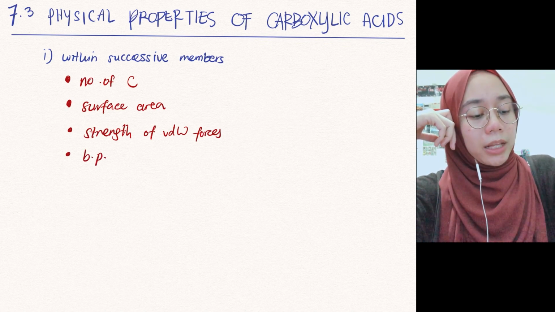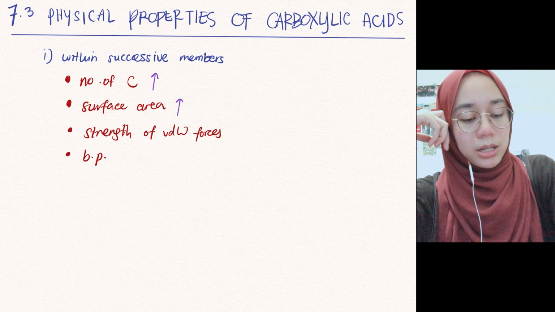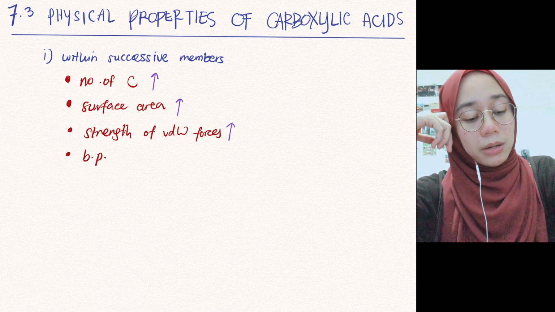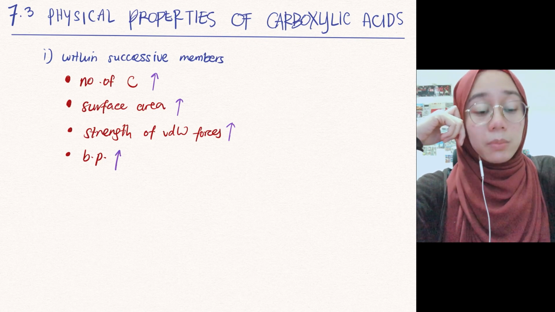Jadi apa yang kita boleh cakap kat sini, the higher the number of carbon, bermaksud the surface area becomes larger, so the strength of the van der Waals forces becomes stronger, so the boiling point pun akan jadi lagi tinggi because we need more energy to separate the molecule.